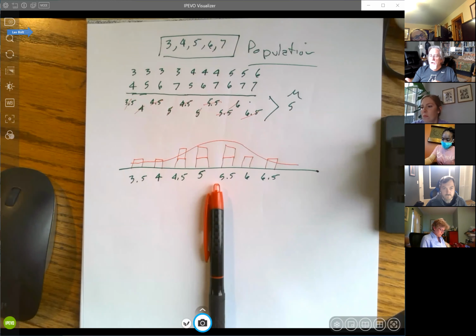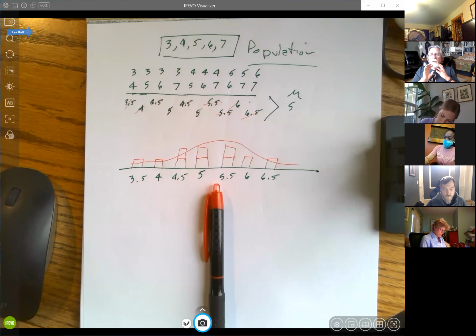And as it turns out, all possible sample means of any given size from a population are perfectly normally distributed.